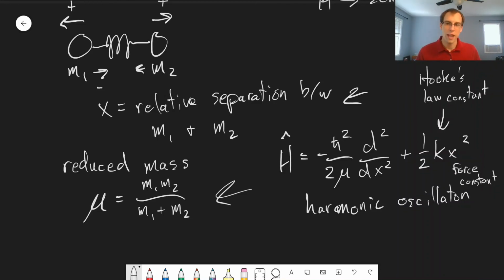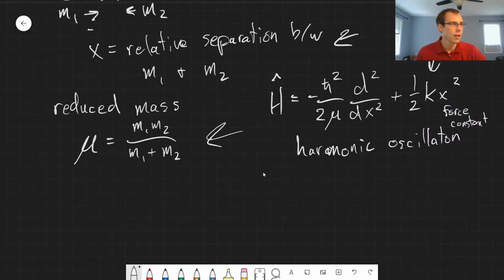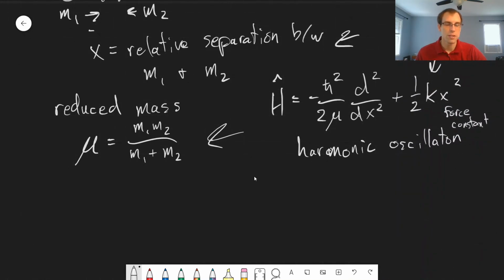So the larger k is, the stronger the bond in the molecule, and the smaller k is, the weaker it is. And so that sets up our problem in terms of reduced mass and in terms of the relative separation between our masses in our molecule.